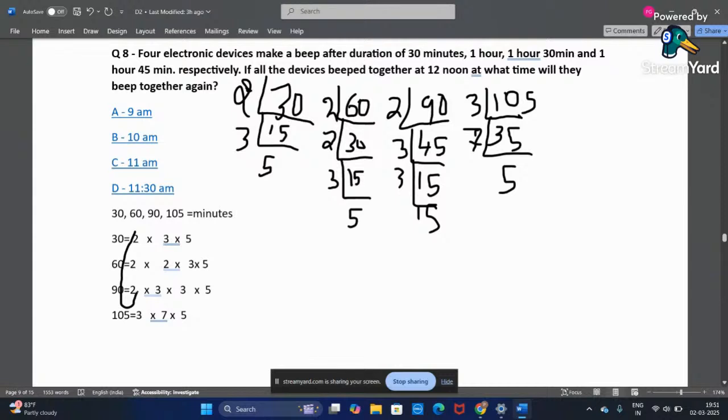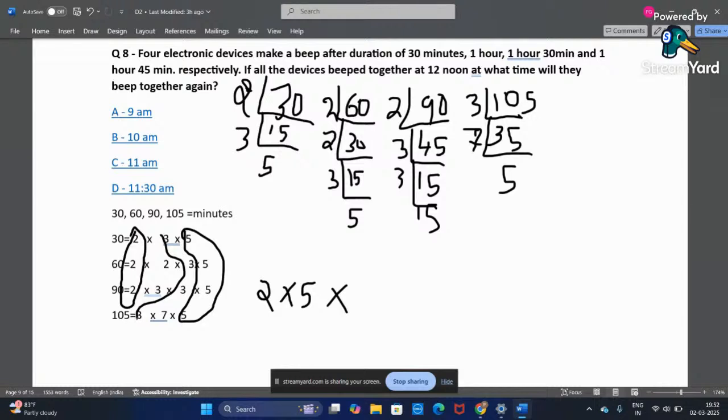This 2, and 5 we have everywhere, so 2 into 5 and 3, this 3.